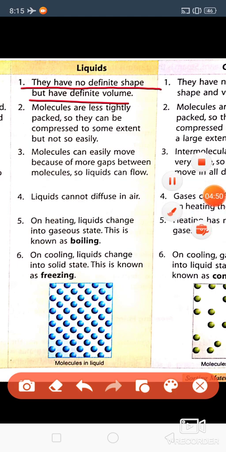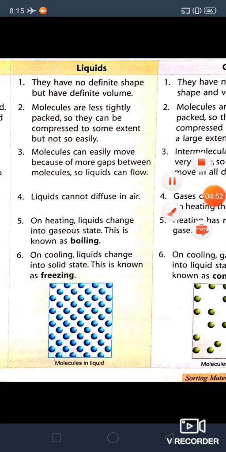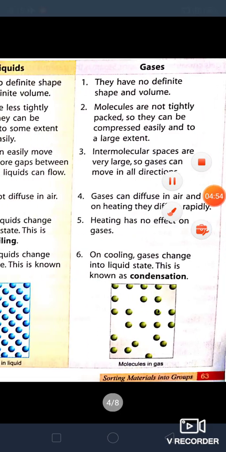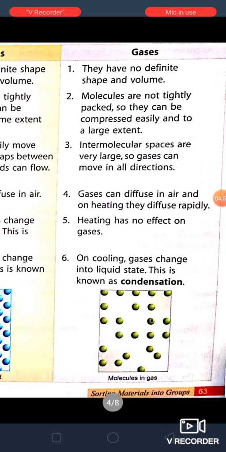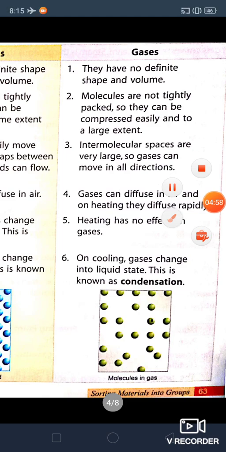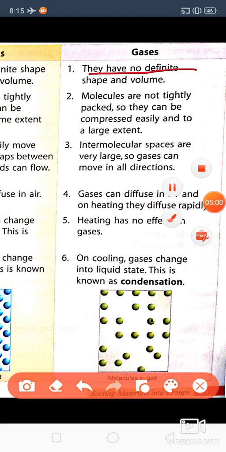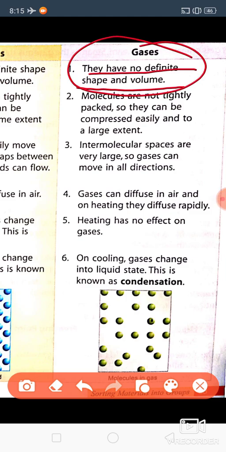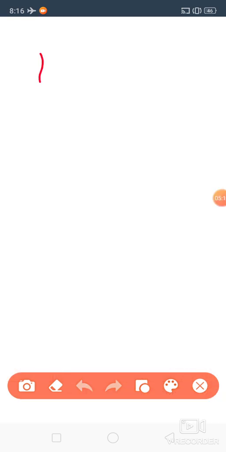Okay, now come to the gases part. What is there in gases? They have no definite shape and volume. Neither do they have definite shape, nor definite volume. Now take one empty balloon, a small balloon.